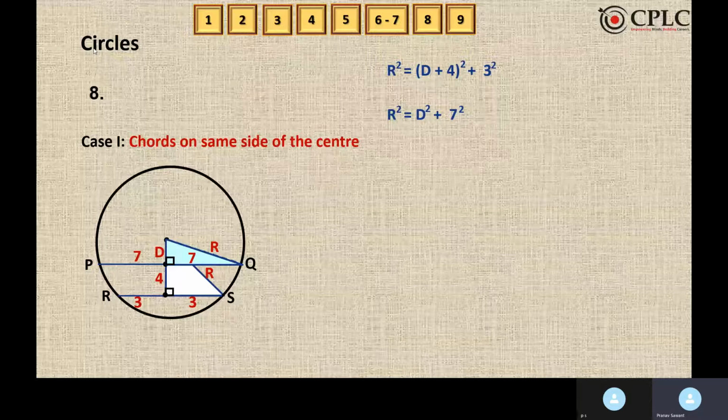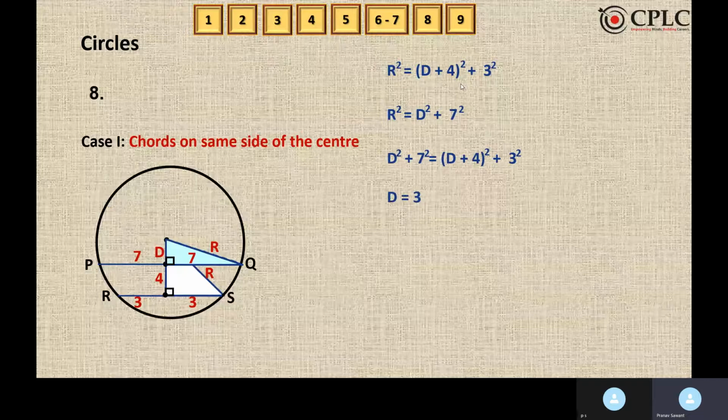Bigger one means the triangle with the height d plus 4, the entire height. Now, both these are equal to r square, so they have to be equal. So d square plus 7 square is equal to d plus 4 the whole square plus 3 square. After solving this, we'll get the value of d as 3.